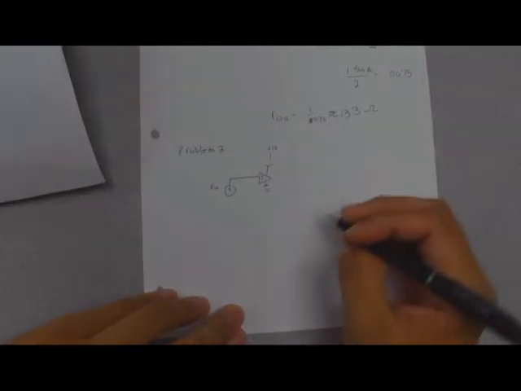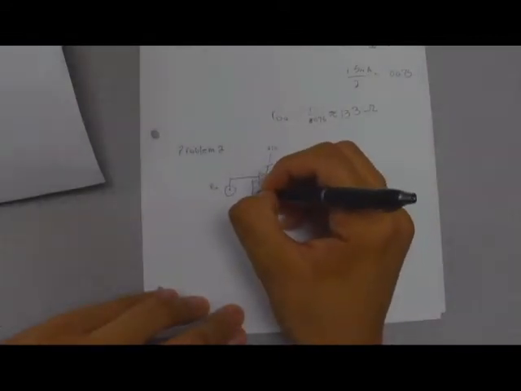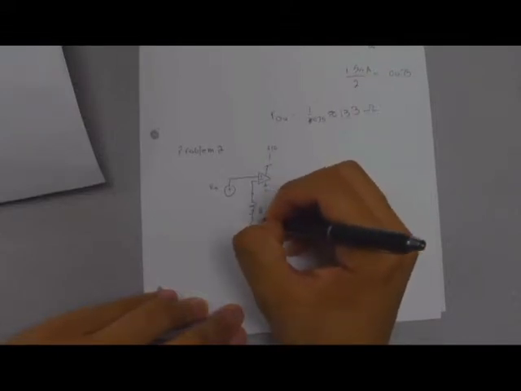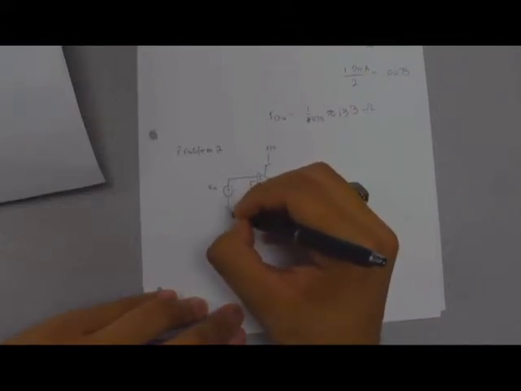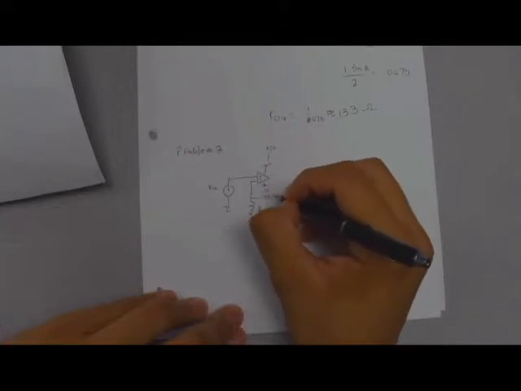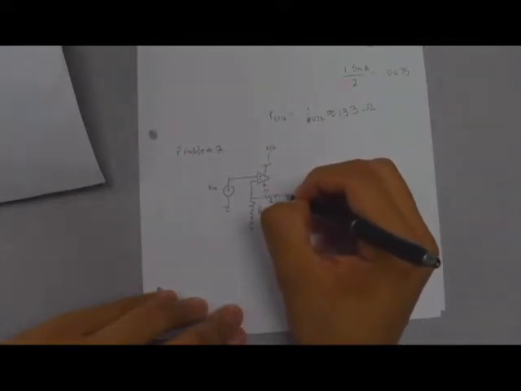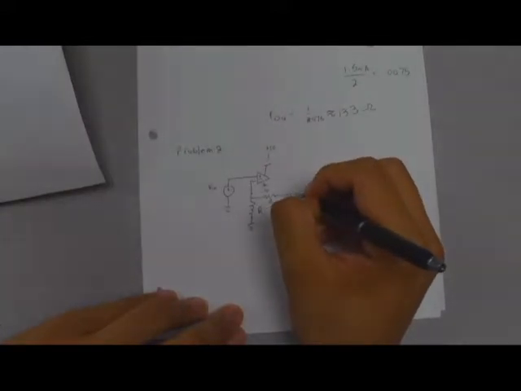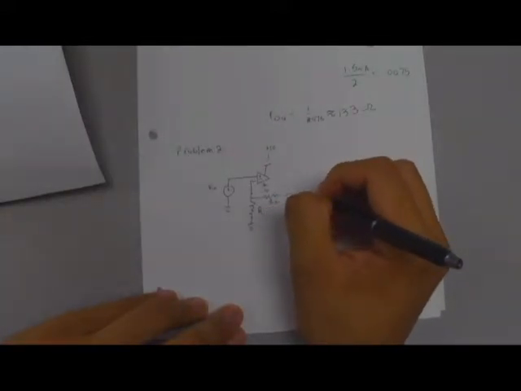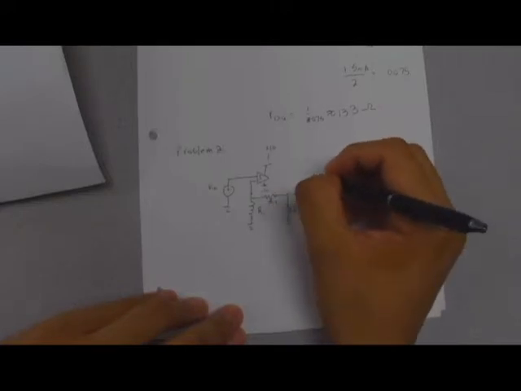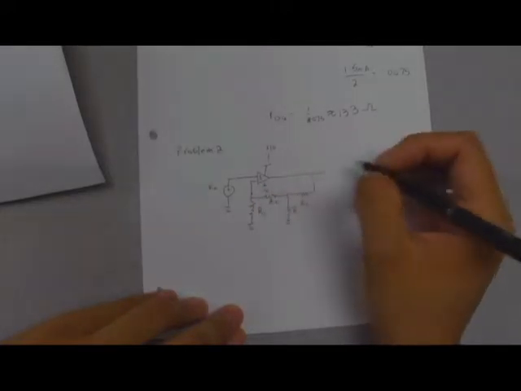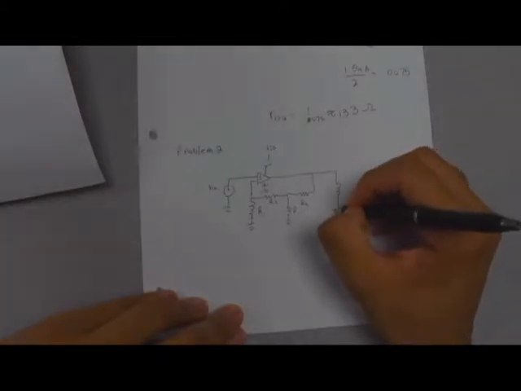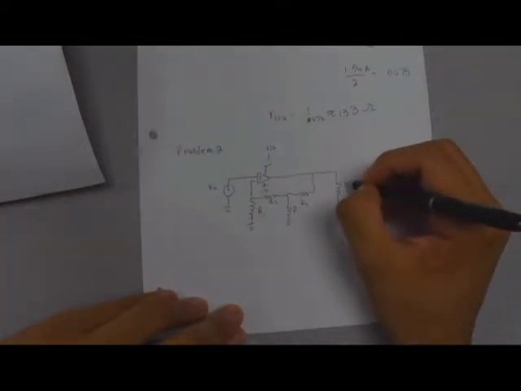That's going to be important to determining whether our answer is correct later on. Here's R1 going to ground. This is also going to ground. We have R2, R1, R2. And here is RL.